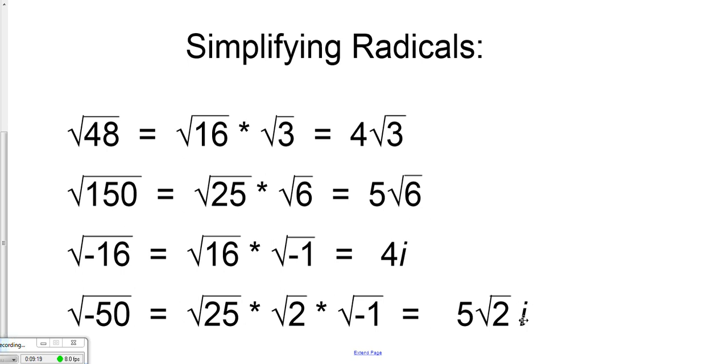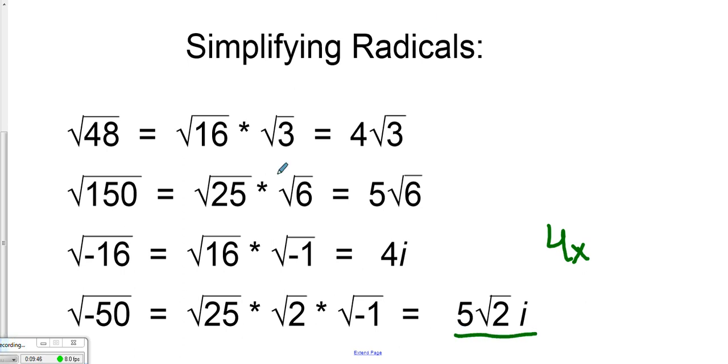Notice that i is not underneath the square root. It is separate. We put it at the end the same way we would write 4x. We don't call it x4. We put the x at the end. We're going to put i at the end as well, but we need to make sure it doesn't go underneath any of these radical symbols, under the square root. So this would be your simplified form.